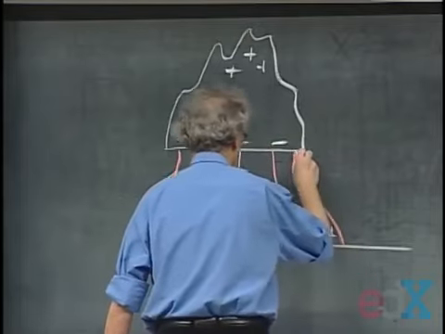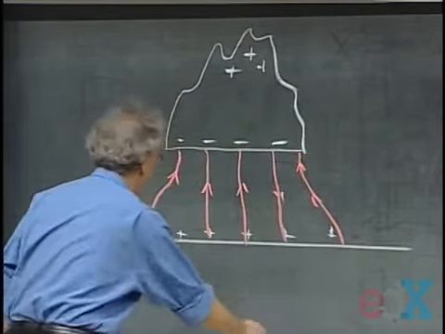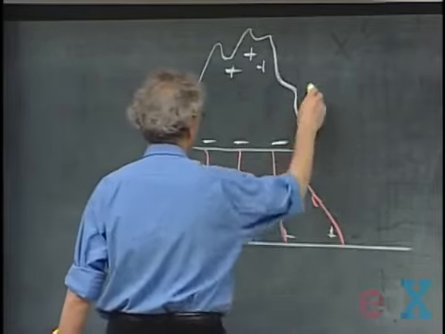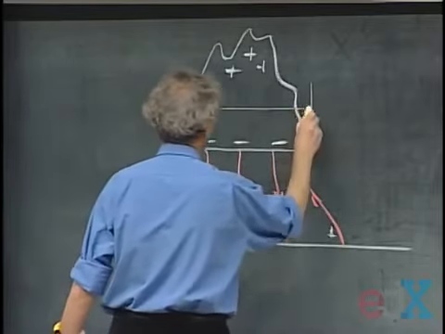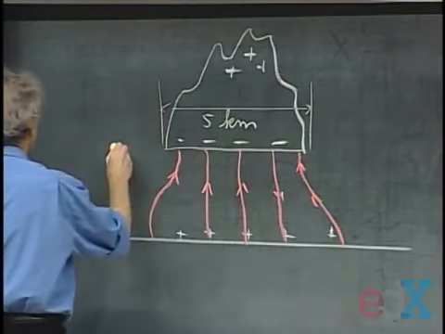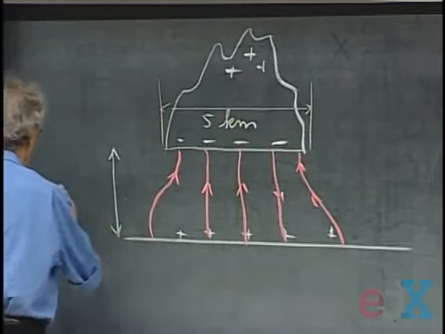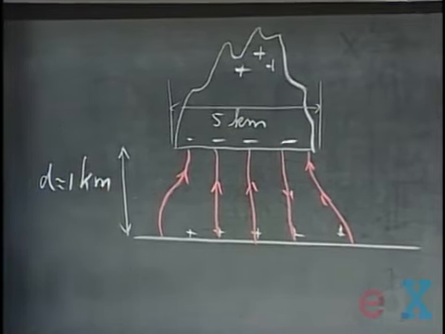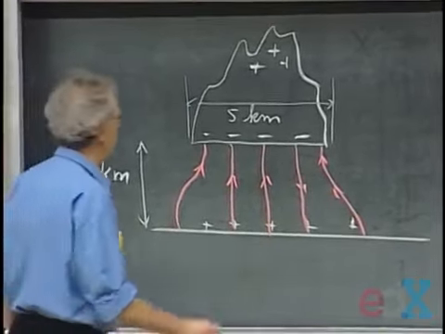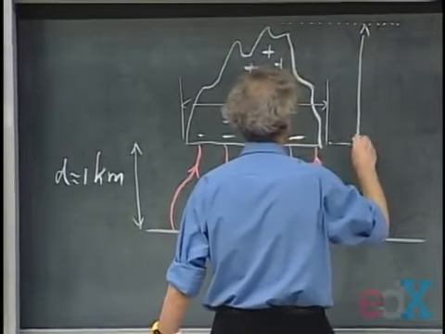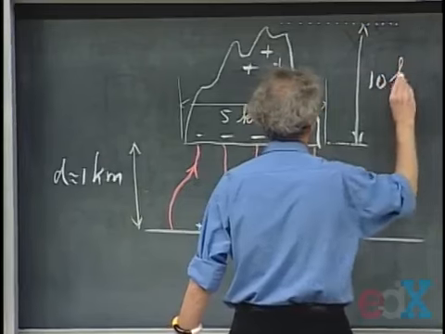Something like this. I'll give you some dimensions. This may be something like 5 kilometers. This vertical distance, d, is about 1 kilometer. These are typical numbers, of course. It can vary enormously from thunderstorm to thunderstorm. And this height is something typically like 10 kilometers.